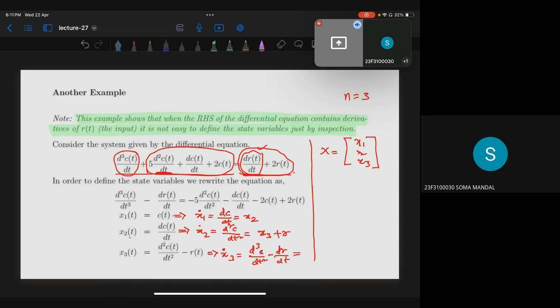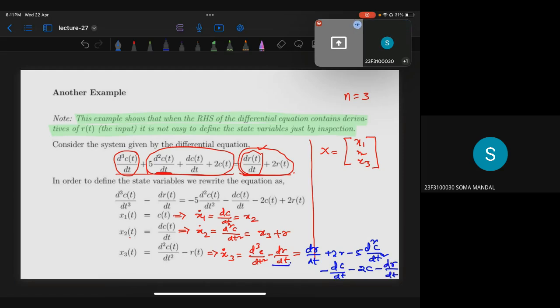That is dr by dt plus 2r minus 5 d square c by dt square minus dc by dt minus 2c. Am I correct? So that is the expression, minus dr by dt.